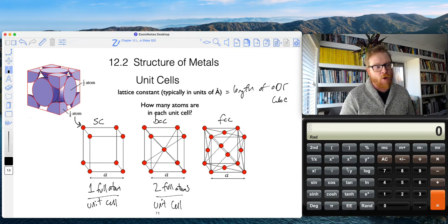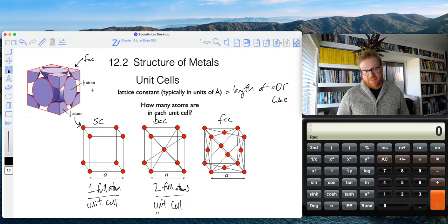diagram right here, and hopefully we can recognize now this is a picture of an FCC, this specific unit cell here is face-centered cubic. Each atom that's on a face counts as half an atom. And it might be difficult to see this, but if we count carefully, we recognize that there's 6 sides to a cube, okay? 1, 2, 3, 4, 5, 6.